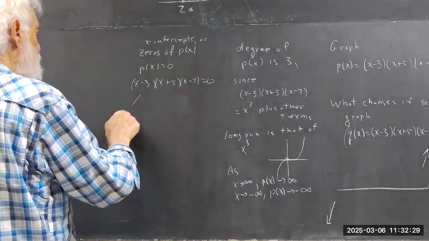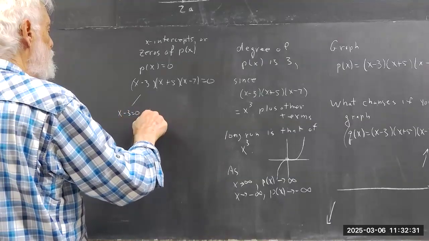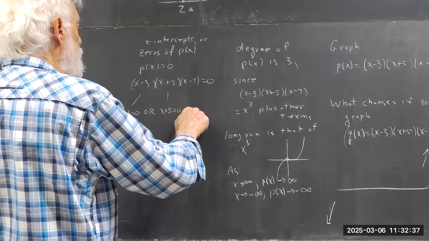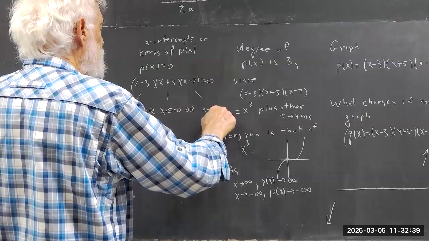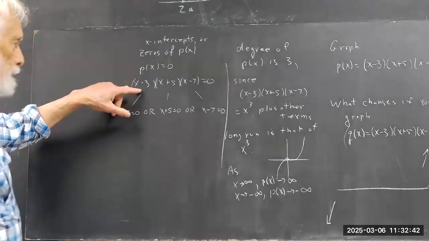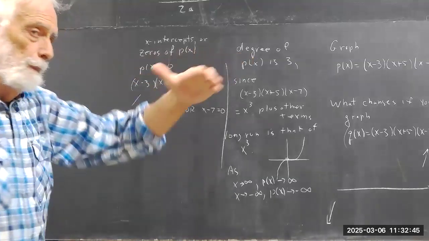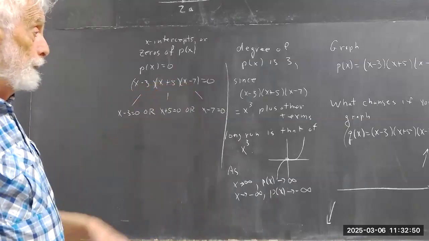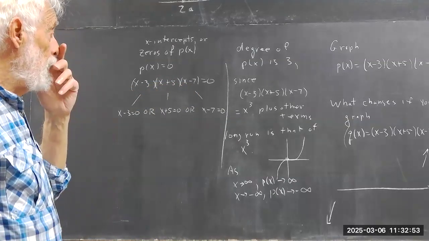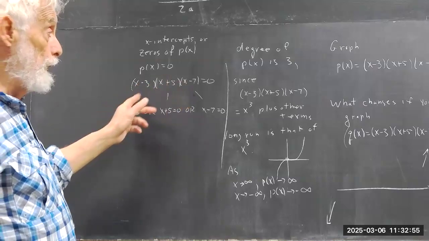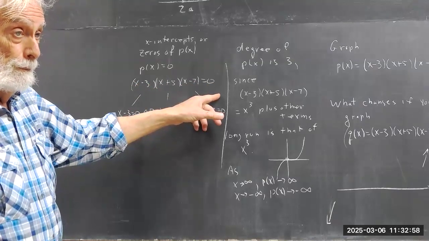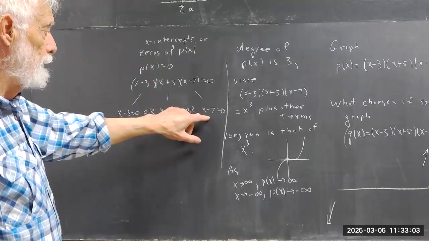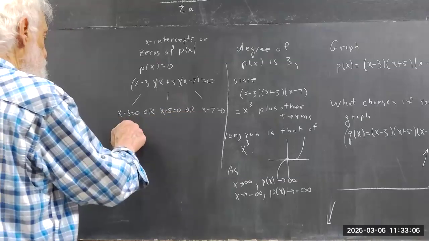So x minus 3 equals 0, or x plus 5 equals 0, or x minus 7 equals 0. Obviously, if x minus 3 is 0, since it's multiplied by everything else, the whole thing is going to be 0. Same thing for x plus 5, same thing for x minus 7. If none of these are 0, then they're not going to give you 0. So the zeros are exactly the solutions to these three equations.